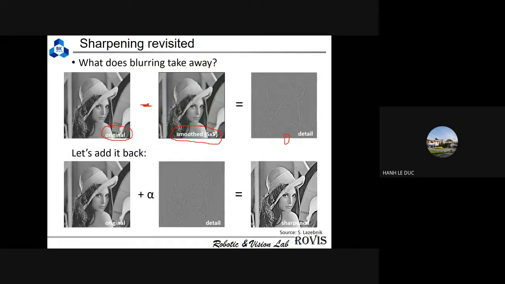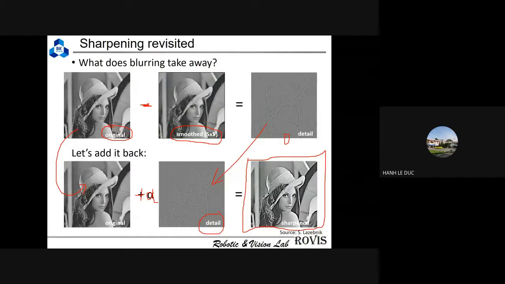Then we apply the original image plus alpha times the detail, and we will have a sharpened image. So if you combine many algorithms, you will have another algorithm. You can practice by yourself.